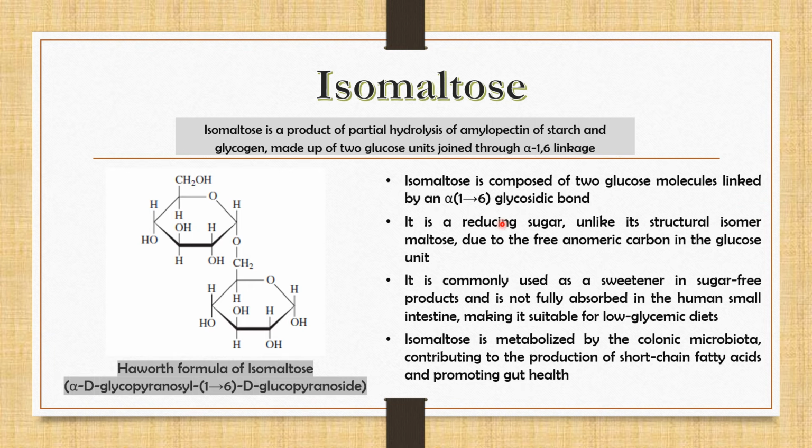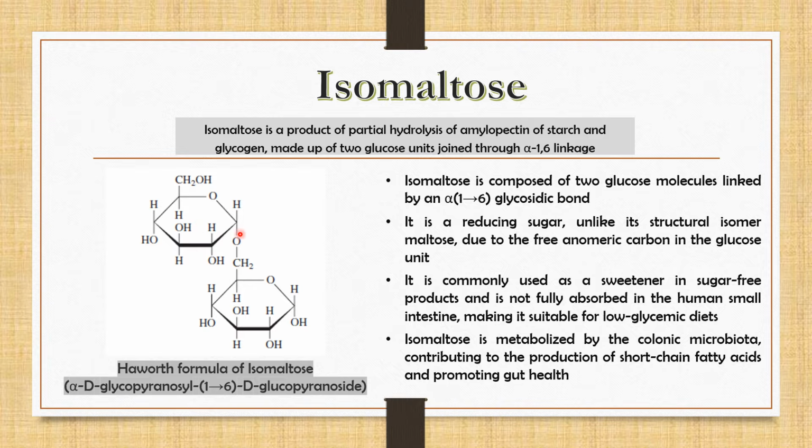Isomaltose is a product of partial hydrolysis of amylopectin of starch and glycogen. It's made up of two glucose units joined through the alpha 1,6 linkage. This is one glucose.